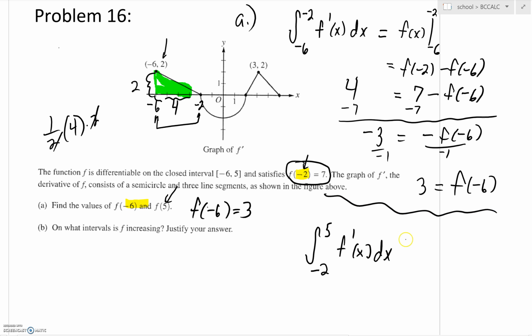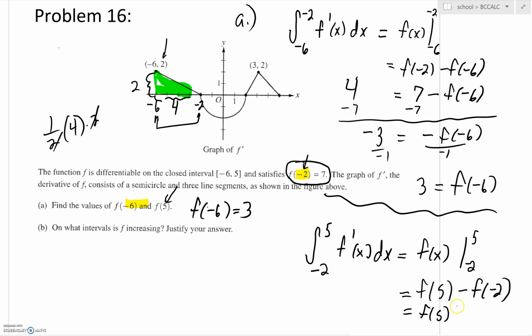So at this point, I could do the fundamental theorem. I could say my antiderivative is f of x, and I'm going to plug in my 5. I'm going to plug in my -2, and I'm looking for that f of 5. We're going to get to that in just a moment. But the f of -2, they told me in the beginning, that's what I circled, that's 7.